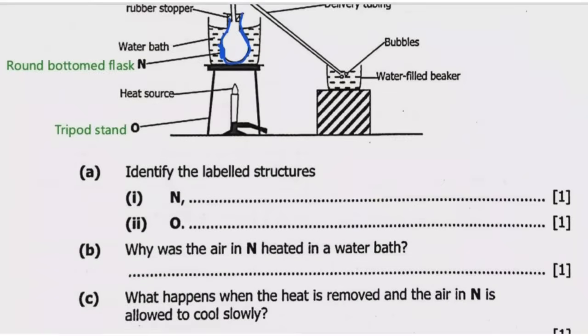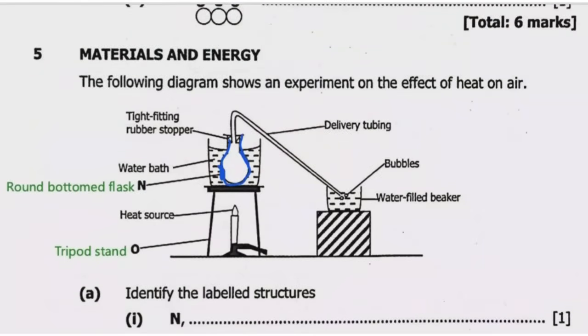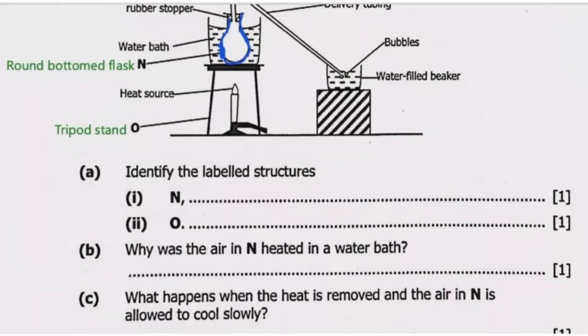So what we can do now is go ahead and answer question 5A. In question 5A, they're asking us to identify the labeled structures, those apparatus which you have already done.